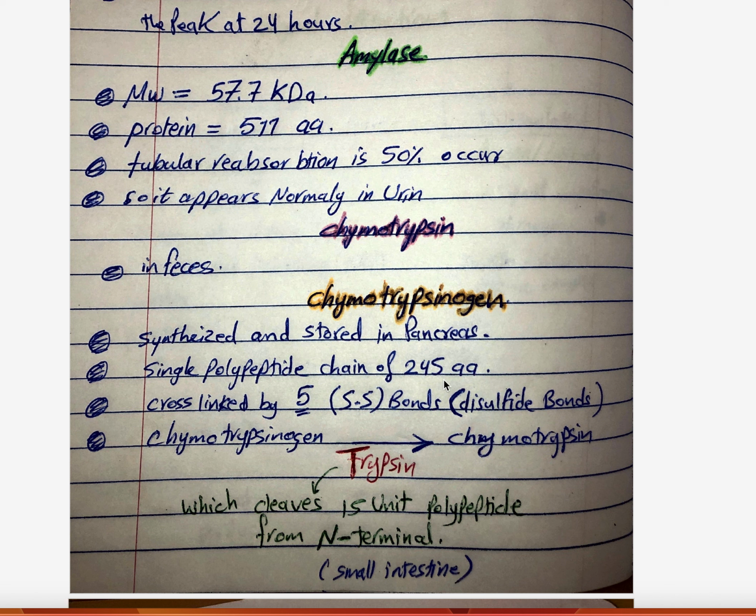It's composed of a single polypeptide chain of 245 amino acids, a large number of amino acids cross-linked by 5 disulfide bonds. So it will be a strong protein.